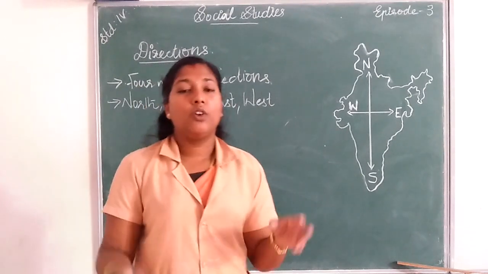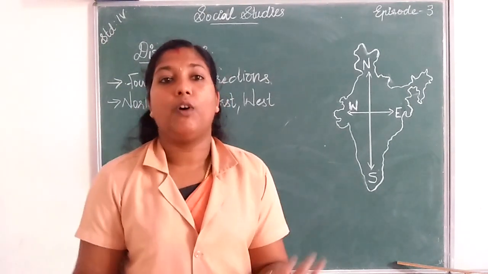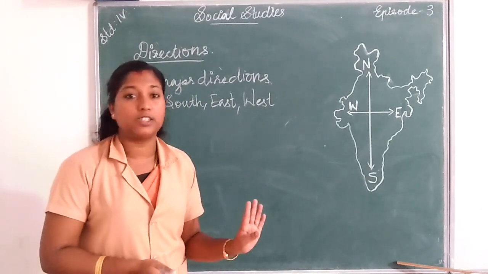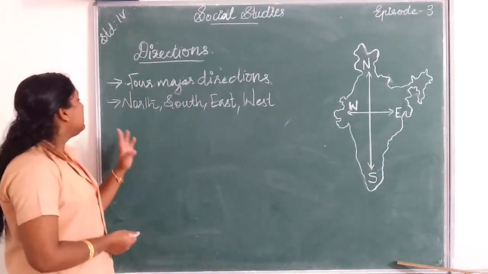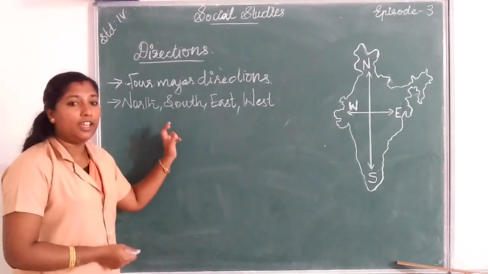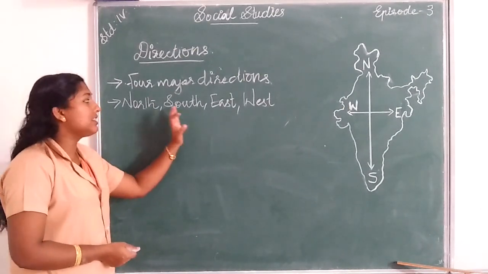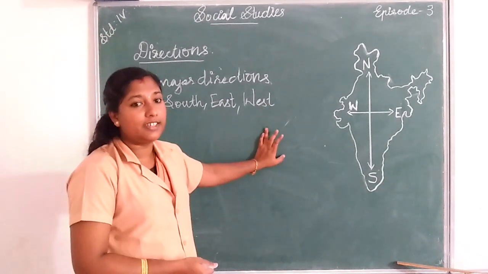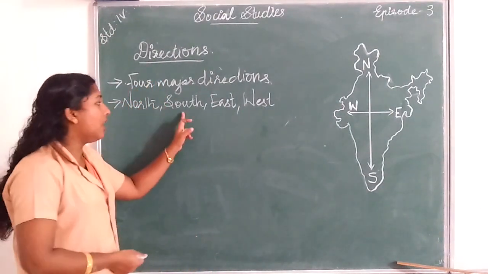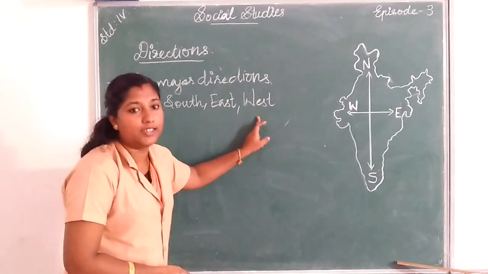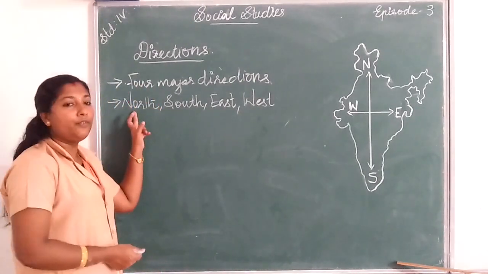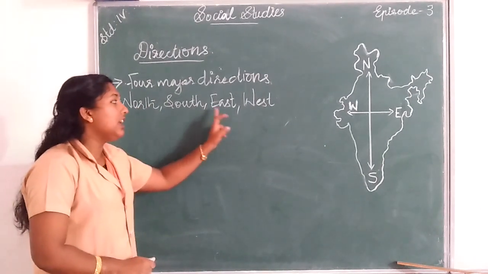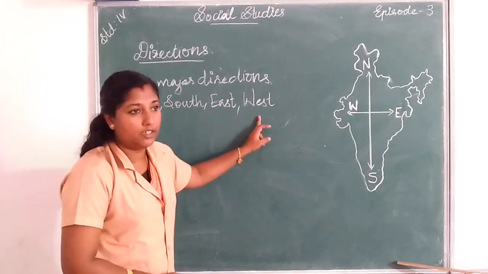If we look carefully on a map or a globe, we can see that there are four major directions: north, south, east and west. Once again, the four major directions are north, south, east and west.